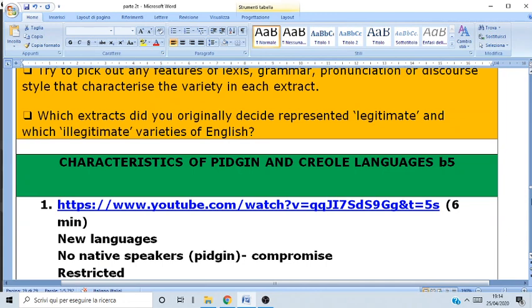Then we got into this other section, B5, about the characteristics of Pidgin and Creole languages. We've already talked about it, but this section goes a little deeper into the concept.